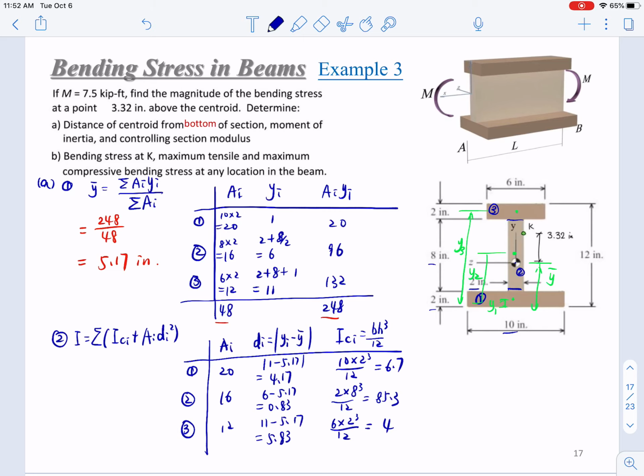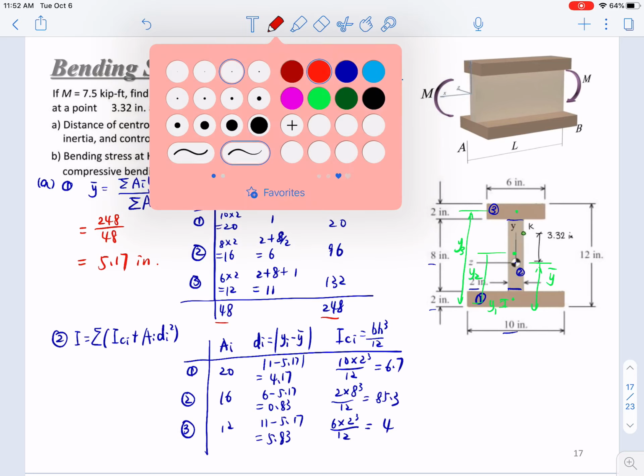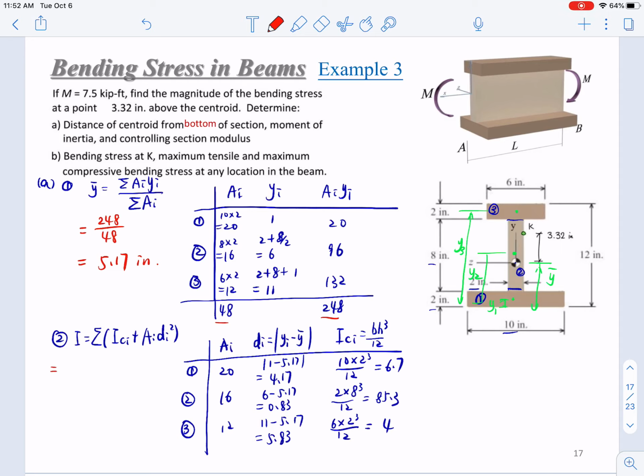Okay, then based on these values, the I can be calculated as 12 times 4.17 squared plus 6.7, plus 16 times 0.83 squared plus 85.3, plus 12 times 5.83 squared plus 4.